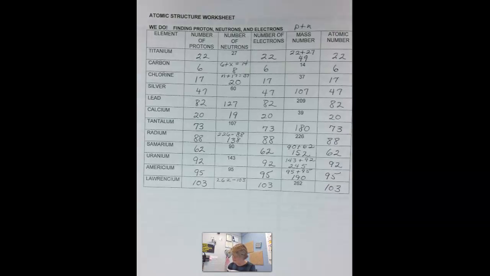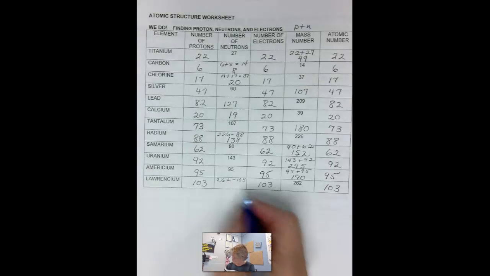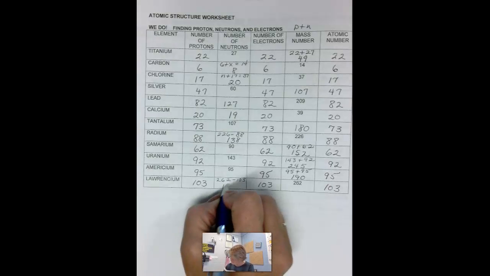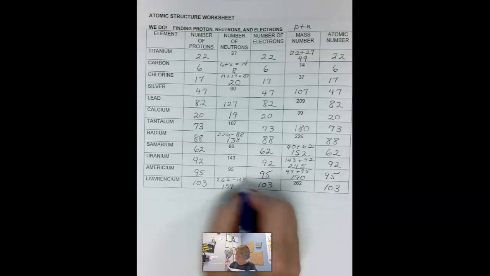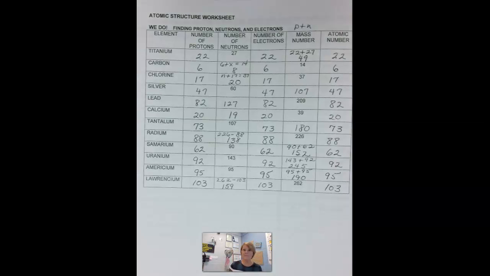And again, do a quick subtraction there. Let's see, I believe 159. Yeah. Okay. Again, double check my numbers. Okay, so pretty easy there. We've done protons, neutrons, and electrons. That is a review sheet.